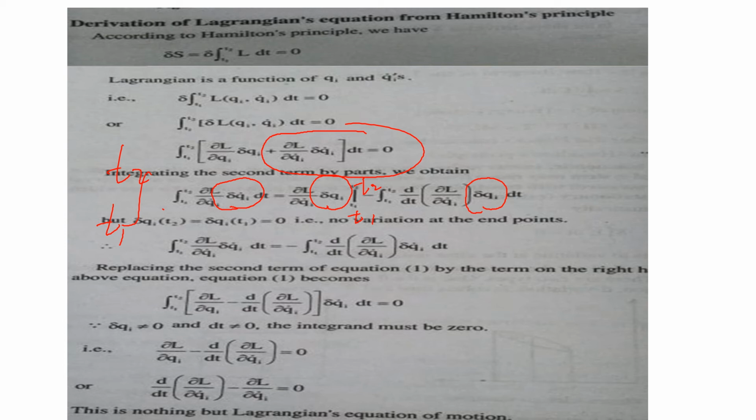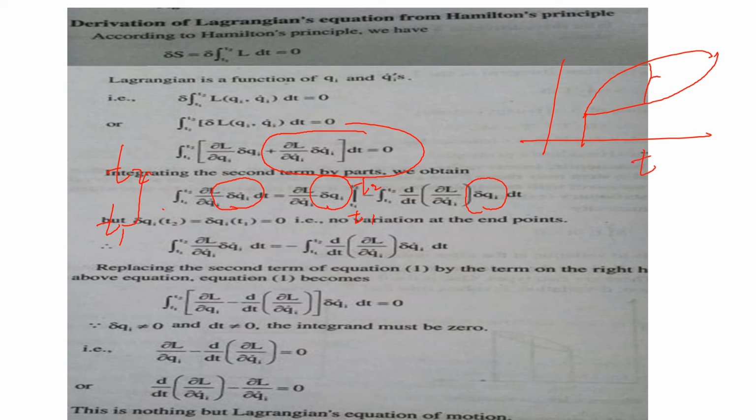But we know that delta qj at final time is equal to delta qj at initial time, and that is equal to 0. That means we represented the delta variation like this. What is delta variation?